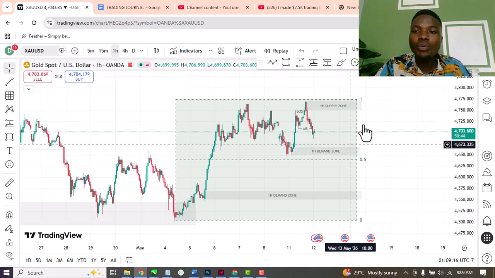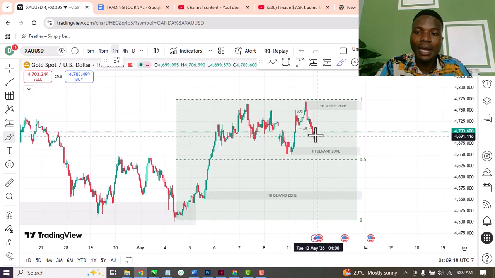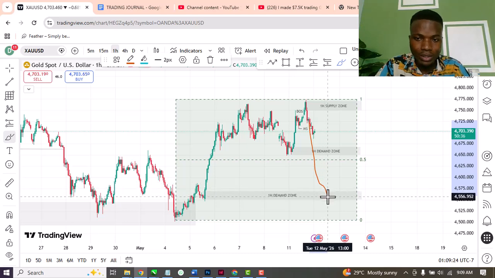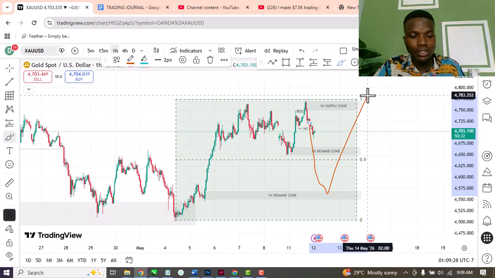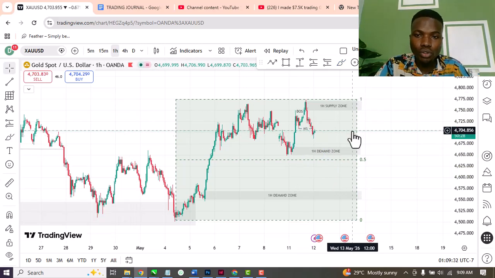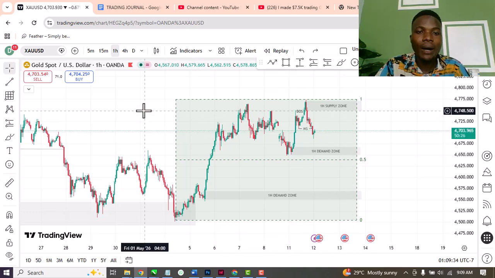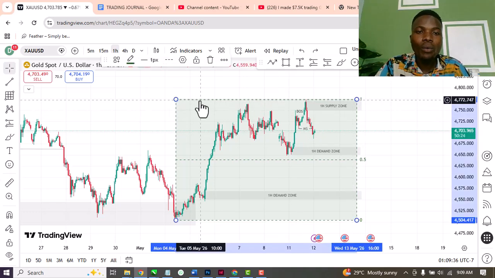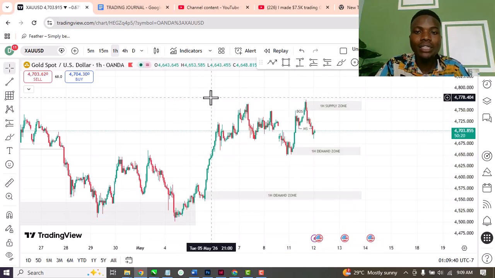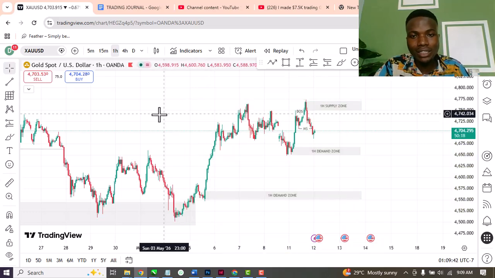We want to wait for price to come into our discount zone, either around here or down here, before we take a buy trade. So I believe that since price is in the premium zone, what we are expected to do is to find a sell trade.